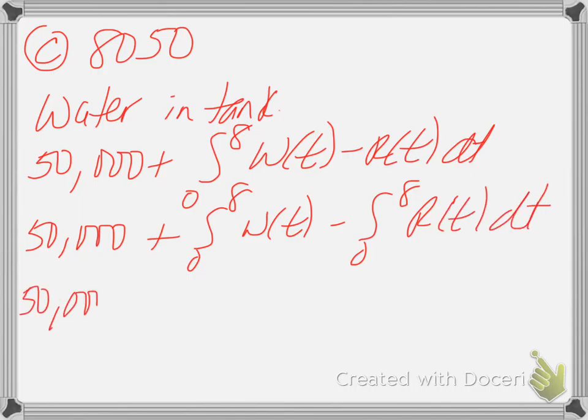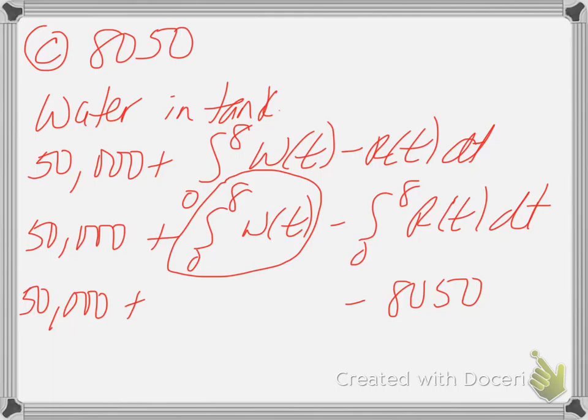Okay, what we just found was R of t. Right, that was the water going out. So that one is the 8,050. So all we need to do is to find that piece. Okay, and this is a calculator question. I'm going to run out of room here.